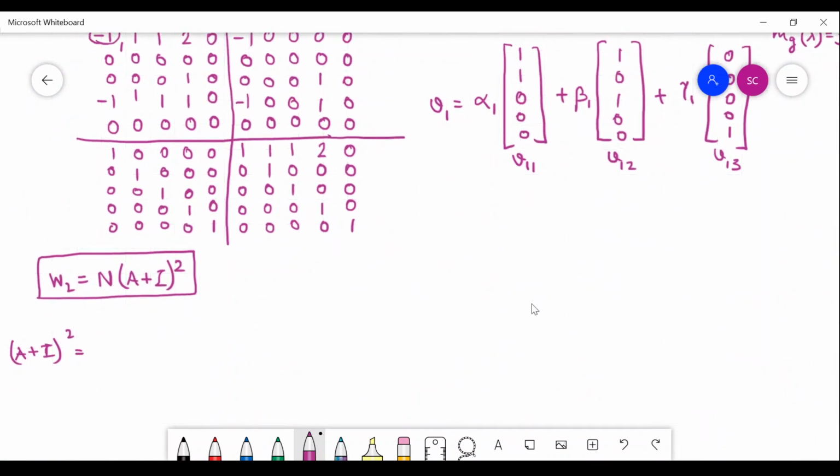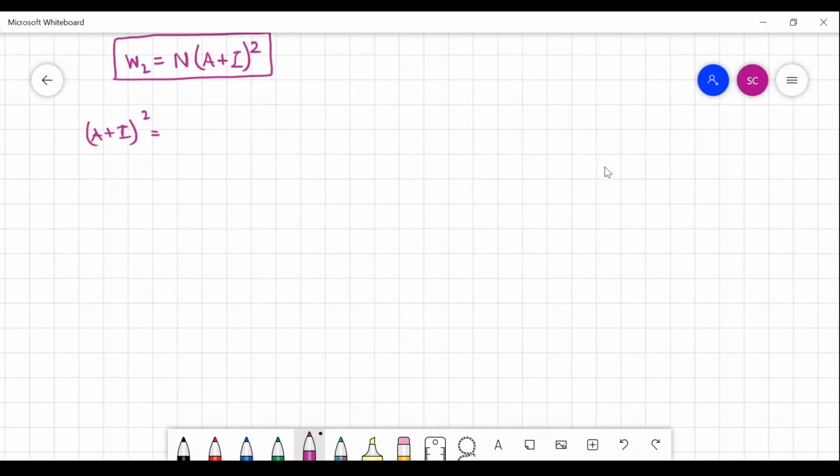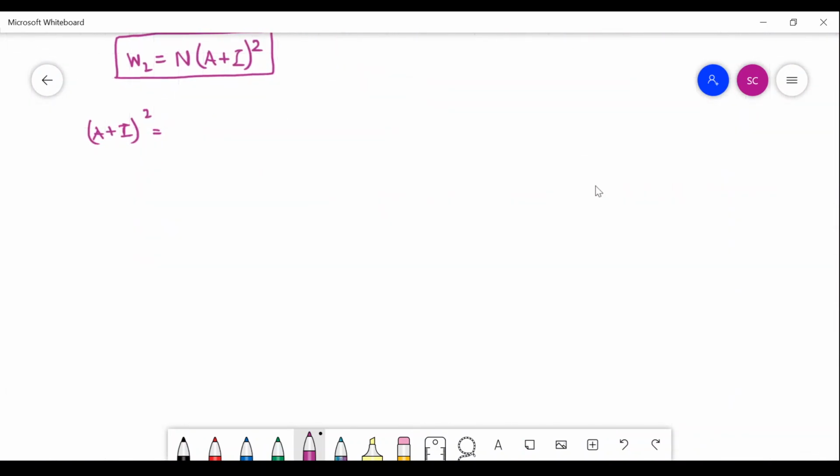So that makes the multiplication easier, and I am writing down directly A plus I square. I have calculated directly by looking at A plus I and then verified in MATLAB. So this is correct. You can also do the calculation and verify yourself in MATLAB once.